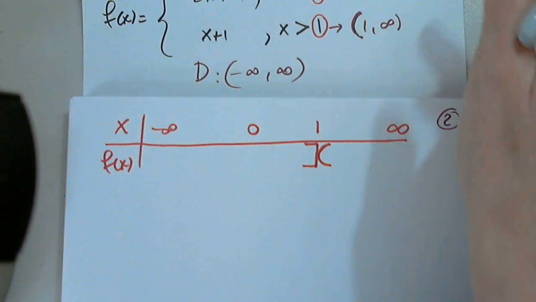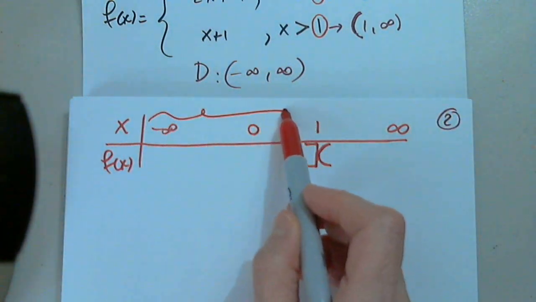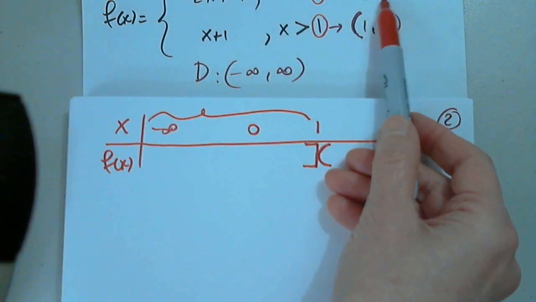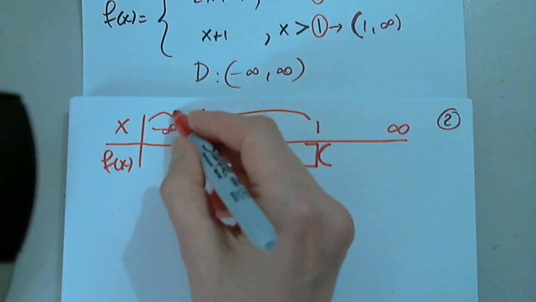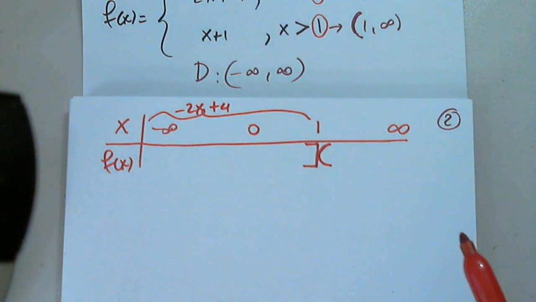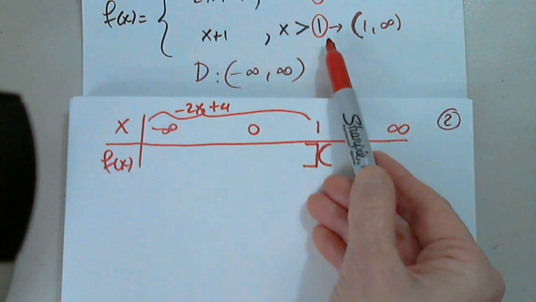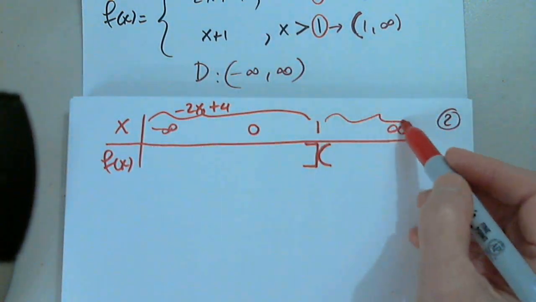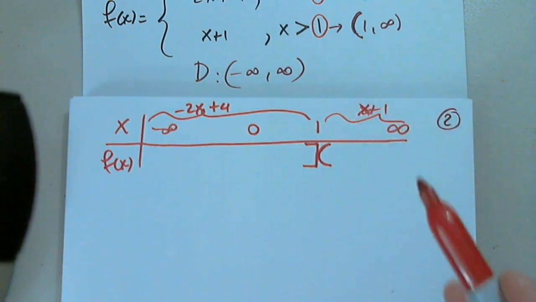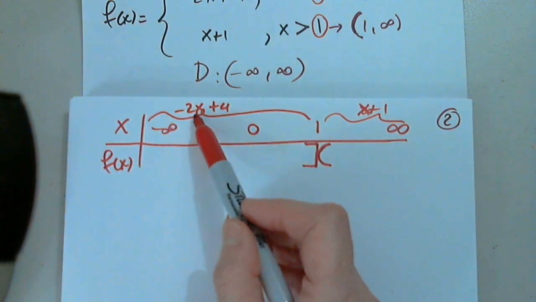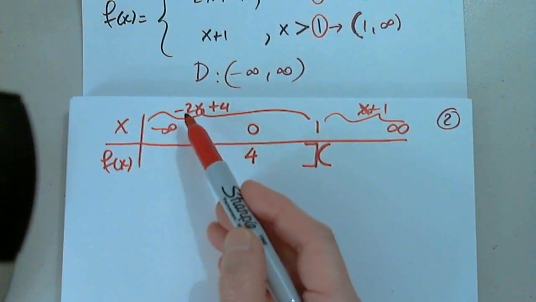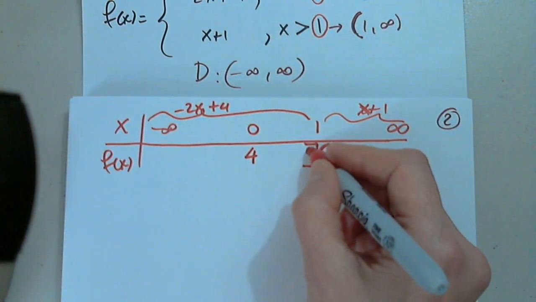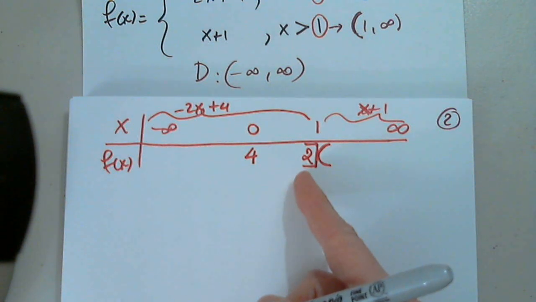Then I make myself a note. Between negative infinity and 1, I have to use negative 2x plus 4. Between 1 and infinity, obviously, I have to use x plus 1. Now, I plug in 0, I get 4. I plug in 1, negative 2 plus 4 is 2, inside the bracket.